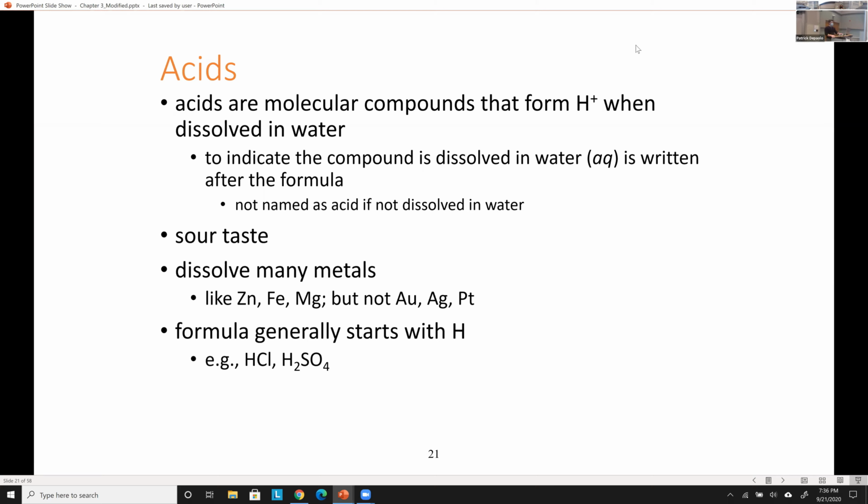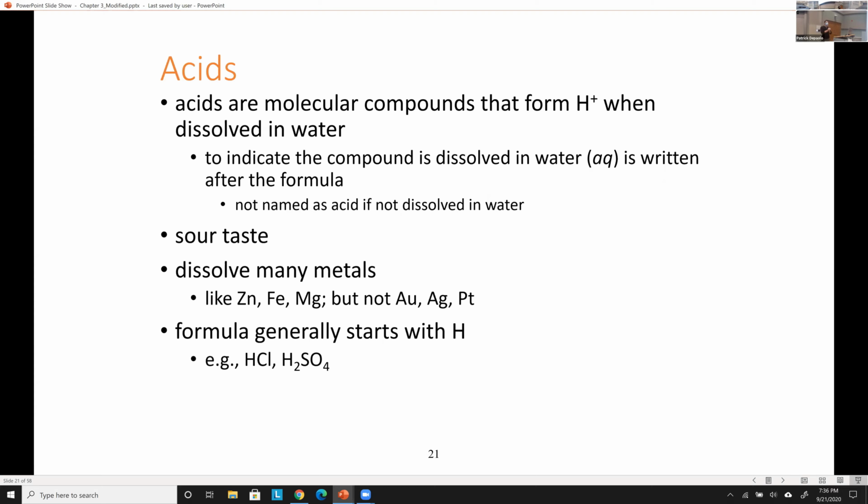So an acid is a molecular compound that forms when H plus dissolves in water. In other words, all of these acids are going to have H in the beginning. Acetic acid is H, then acetate. Nitric acid is H, then nitrate. Sulfuric acid is H2, then sulfate. So they're acid derivatives by adding H to any of these anions that we just learned.